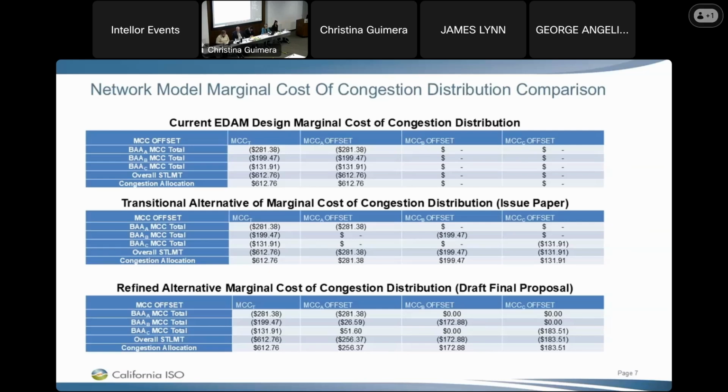So if you were counterflowing, are you charged for congestion for that generation, or are you paid? In this case, according to the LMPs, your source would be higher than your sink. So I would expect you to get paid. I just want to make sure we're on the same page.